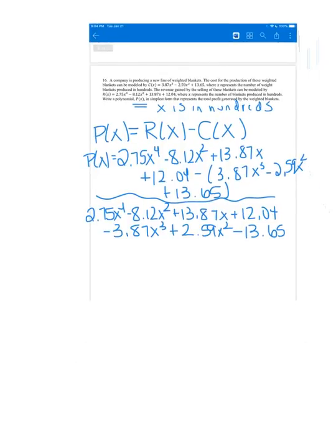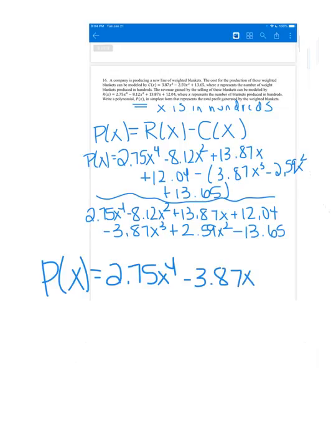So your final answer after you combine like terms, final answer to number 16, P of x is equal to 2.75 x to the fourth minus 3.87 x cubed minus 5.53 x squared. You're going to put all of this on the same line. I'm just running out of room on here because I'm trying to write big for you.